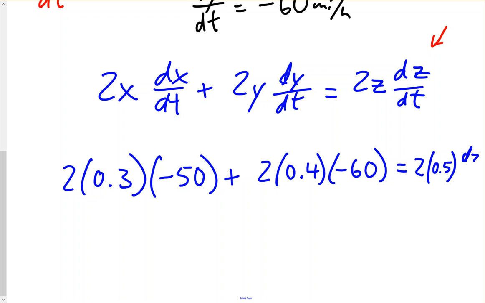And then we're looking for dz/dt. Okay, so now multiply these together.